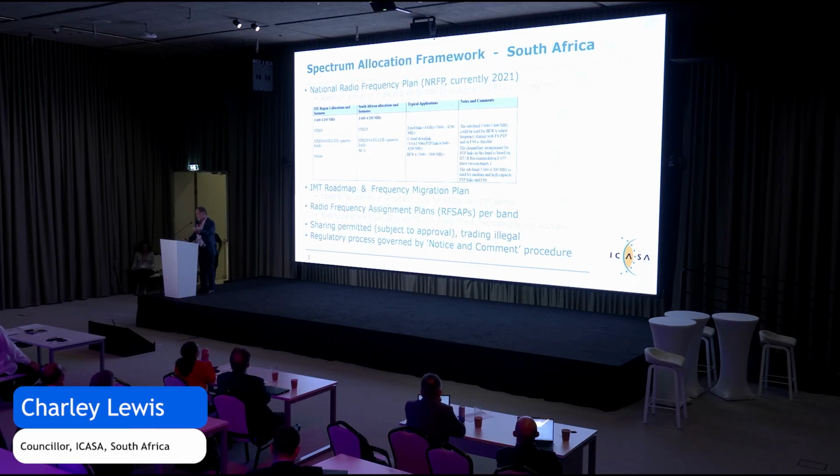In order to properly assign spectrum to licensees, we then develop a series of radio frequency spectrum assignment plans. I hope you can say it without pausing for breath. That then sets the scene for specific assignment.